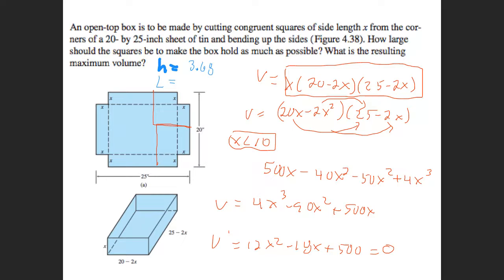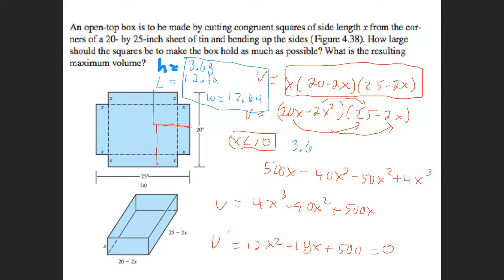That means the length would be 20 minus 2 times 3.68, and that gives me 12.64. And the width is going to be 25 minus 2 times 3.68. And that gives me 17.64. So now, if I wanted to find the total volume, that gives me the largest total volume.